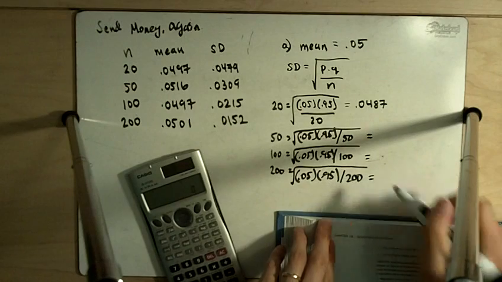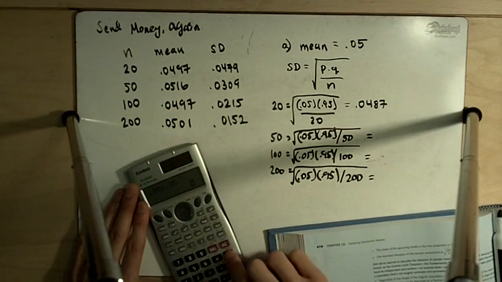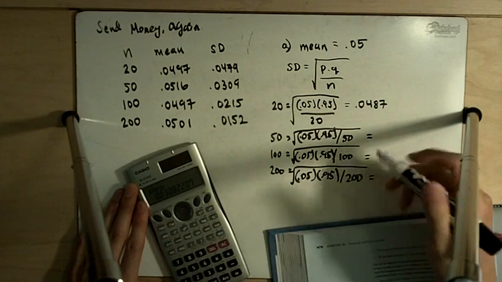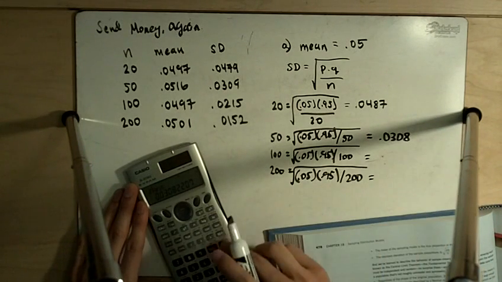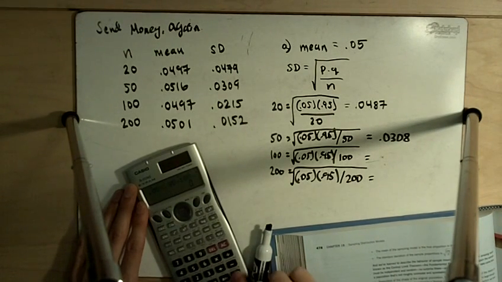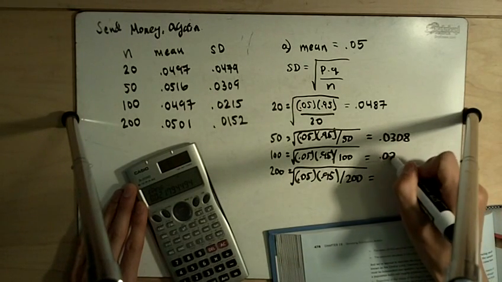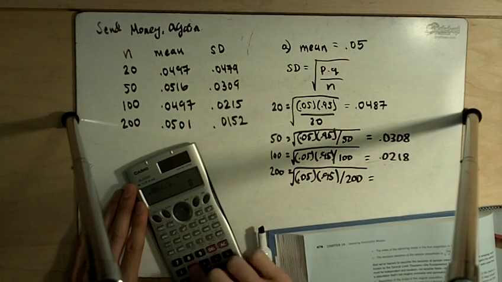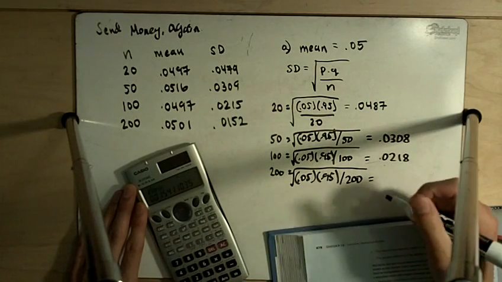And so each of these, here we have 0.0308, 0.0218, and then 0.0154.